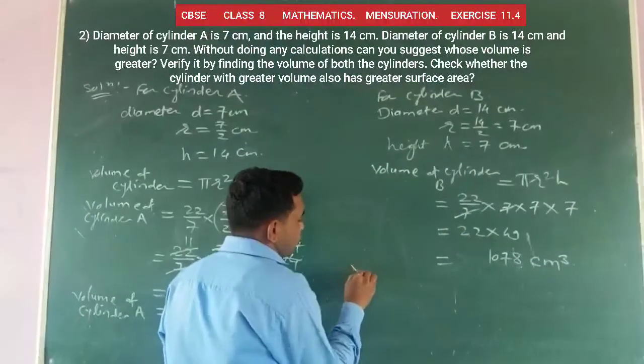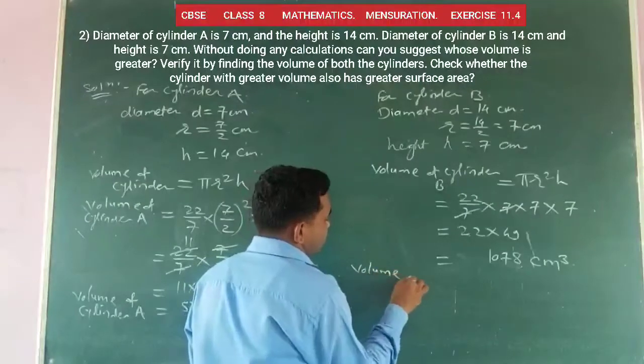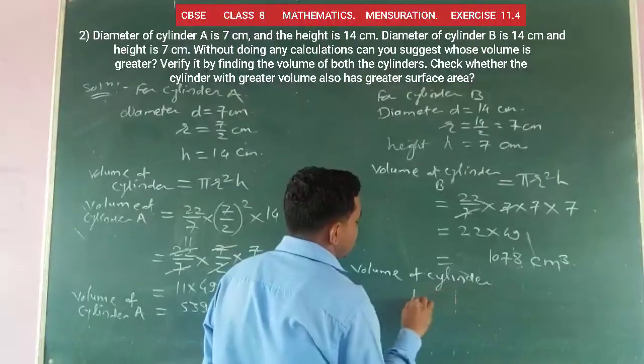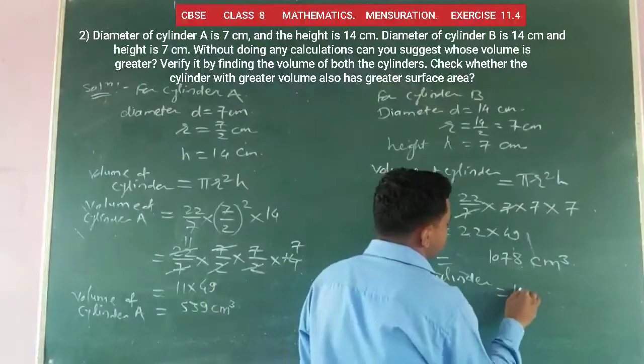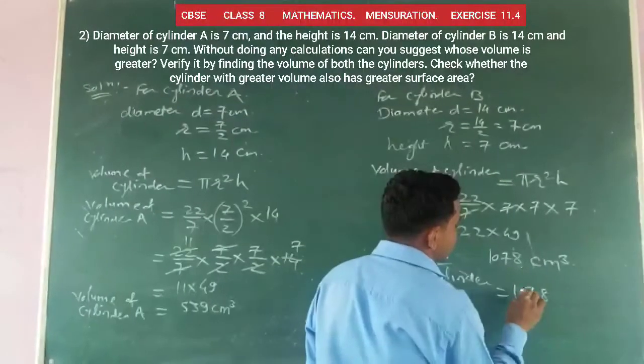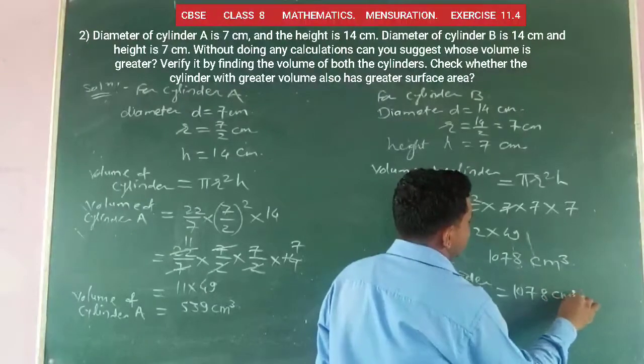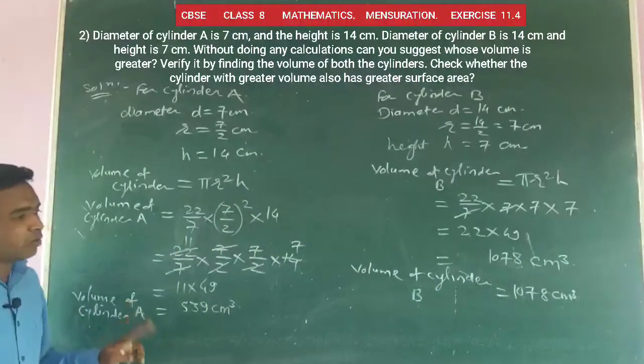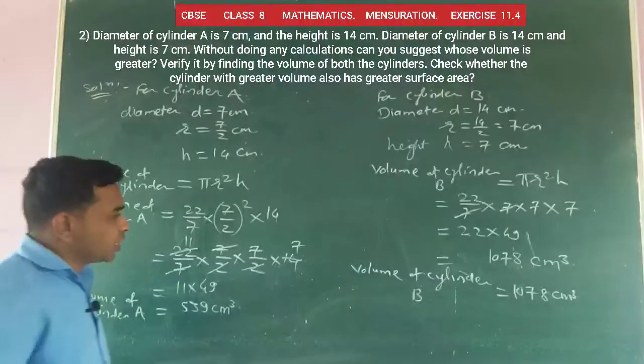So volume of cylinder B is equal to 1078 centimeter cube. So here we calculated the volume of cylinder A and cylinder B.